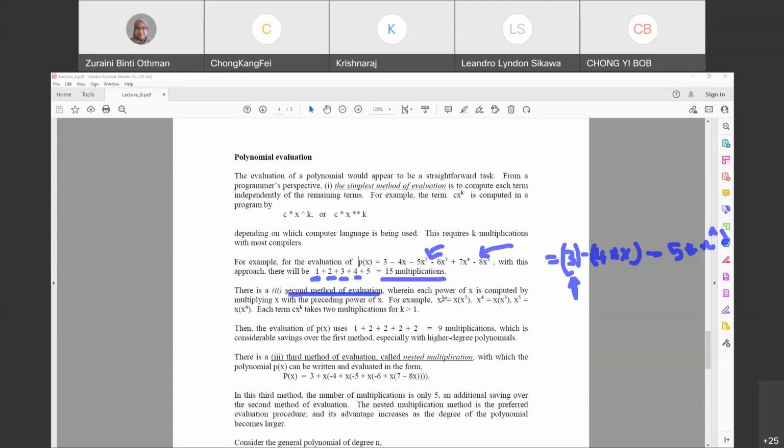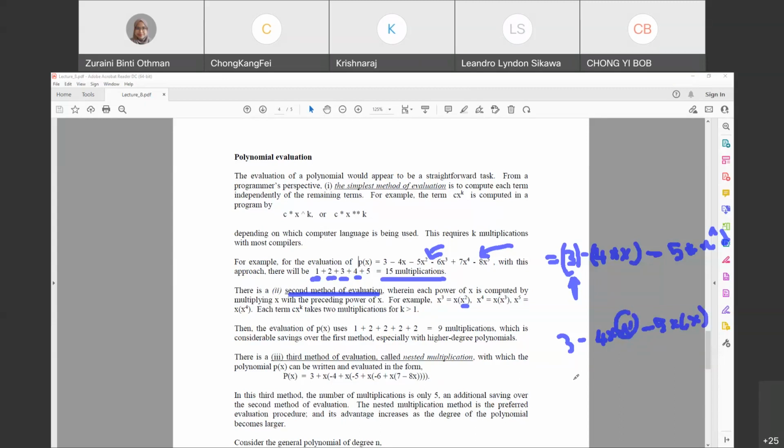Maksudnya macam mana? Kalau dia nak cari X kuasa 3, dia guna value X kuasa 2 yang sebelum tu dia dah dapat untuk case ni kan. Contohnya 3, lepas tu tolak 4 kali X. Okay, ni kita dah ada X kan. Lepas tu tolak 5X kali dengan X. Yang ni kita guna yang sebelum tu, kita dah dapat.